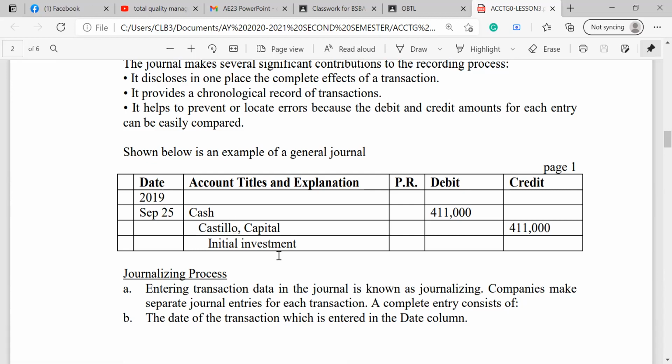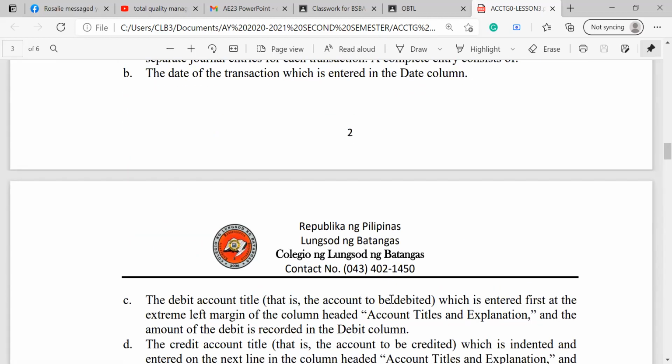So usually, paano yung process ng pag-journalize? Of course, you have to write the date, no? And then, yun, the debit account title, laging inuuna po, pakitandaan na sa pagre-record po natin sa journal, una nating isinusulat or una nating inilalagay ang debit na account title. So, tumaas man yan or bumaba, for as long as debited siya, yun yung una nating ilalagay.